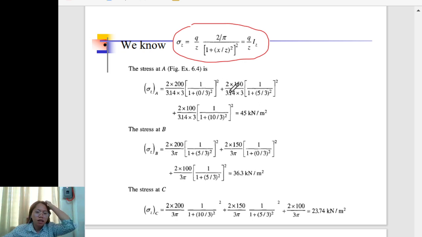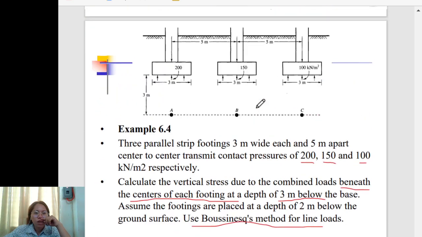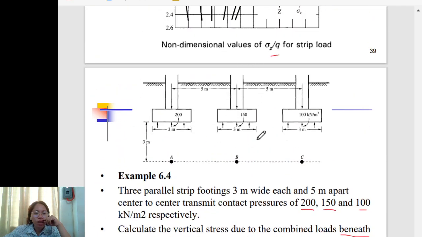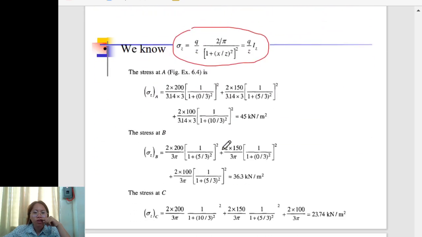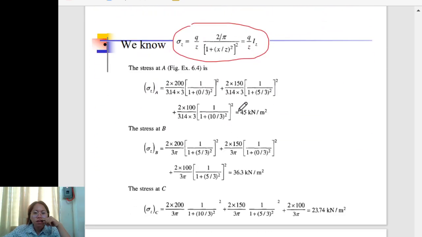Plus the effect of the second footing, no? Combined is what is asked. What is asked here is to calculate the vertical stress due to combined loads beneath the centers of each footing, no? So for the next footing, 2 times 150, 150 kilonewton per square meter, over pi times z.